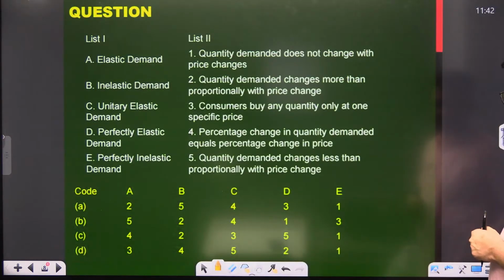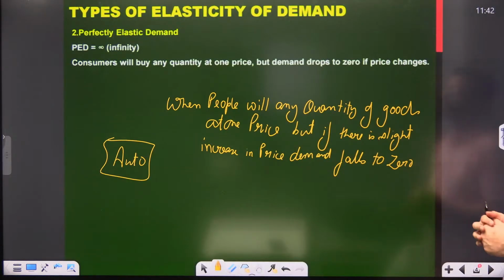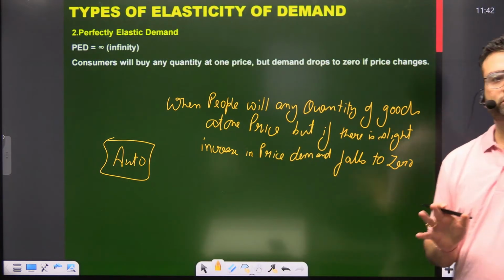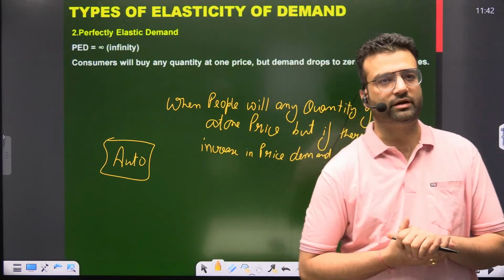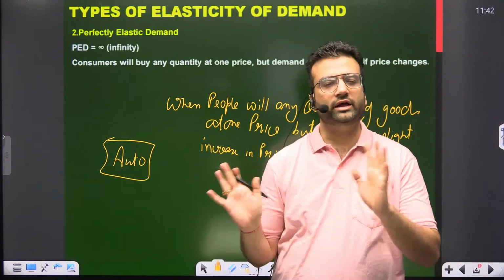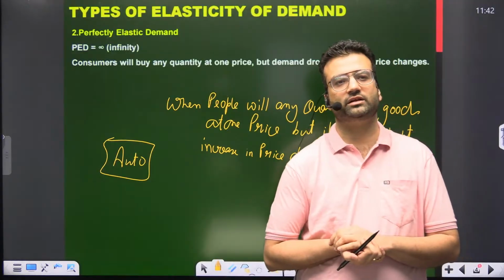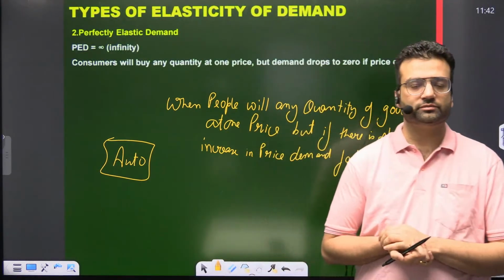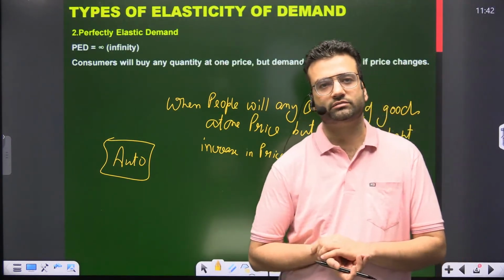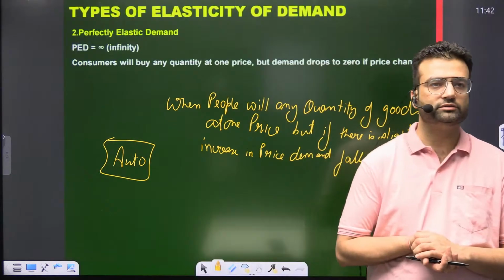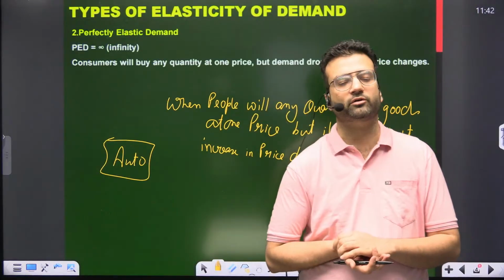Look, this is perfectly elastic. Chandrakant, suppose you are living in Patna. Nearby, there is a market where 100 mobile phone shops are there. They all charge 100 rupees for tempered glass. You go to A shop, B shop, C shop, D shop, all of them charge 100 rupees.